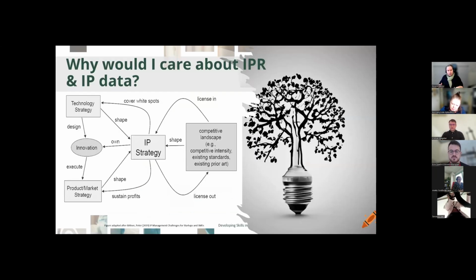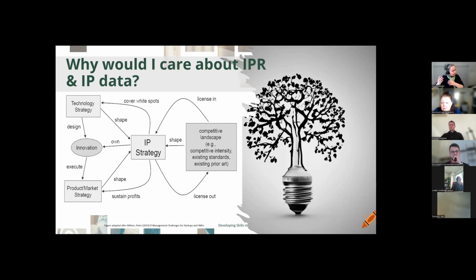Just as a reminder, for those that don't deal many times with IP data, intellectual property rights data, you have different types related to patents, to trademarks, and to other IP. And of course, it can support the intellectual property strategy when you look at this type of data, but it can also support your other strategies, like the technology strategy: you can see where the white spots are, where there's some space and where maybe not.